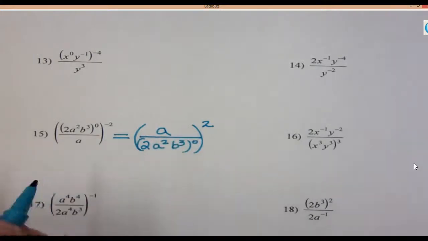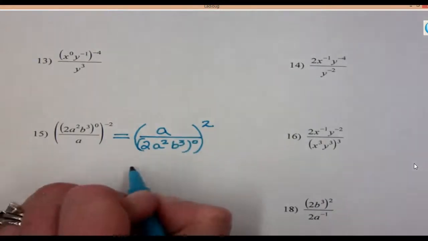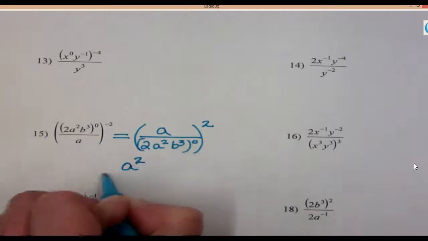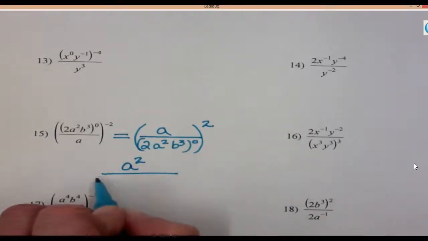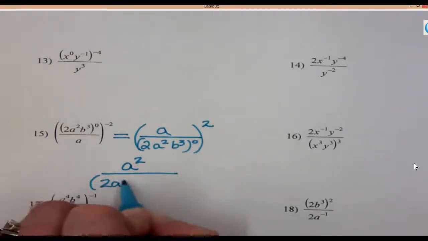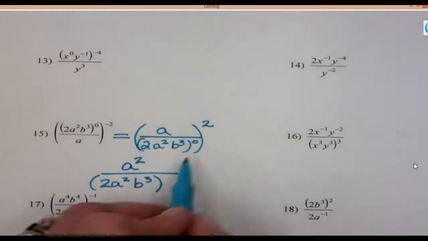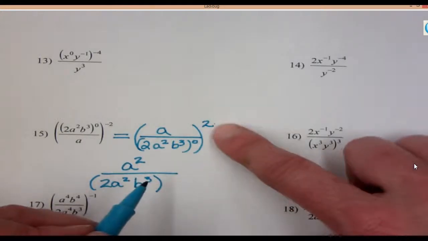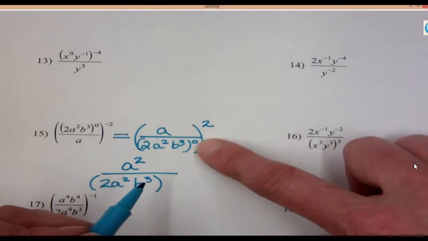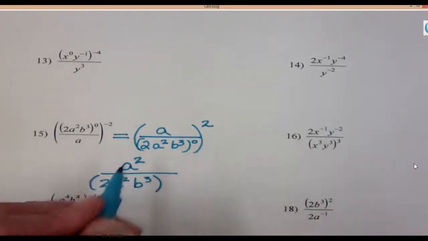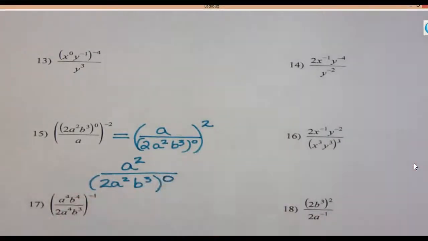So then the 2 gets distributed out. So I get a squared divided by 2a squared b cubed. And I'm going to have to multiply 2 times 0, right? Because that's our power rule. You multiply this exponent times this exponent. 2 times 0 is going to give me 0.